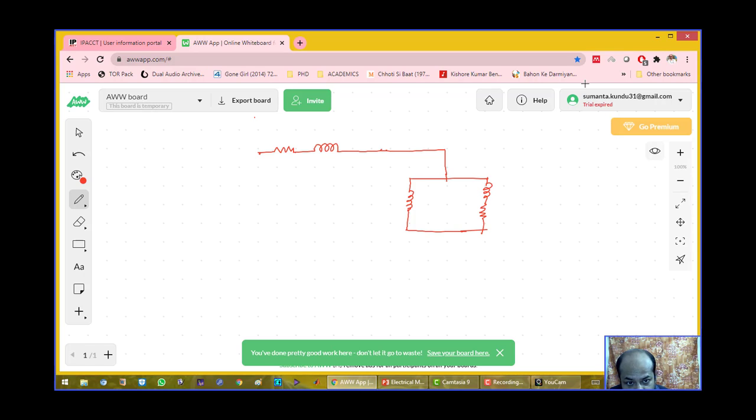So this is R1, this is JX1, this is current I1, this is JXM by 2, and here it will become the variable resistance R2 by 2S, and this will be JX2 by 2.